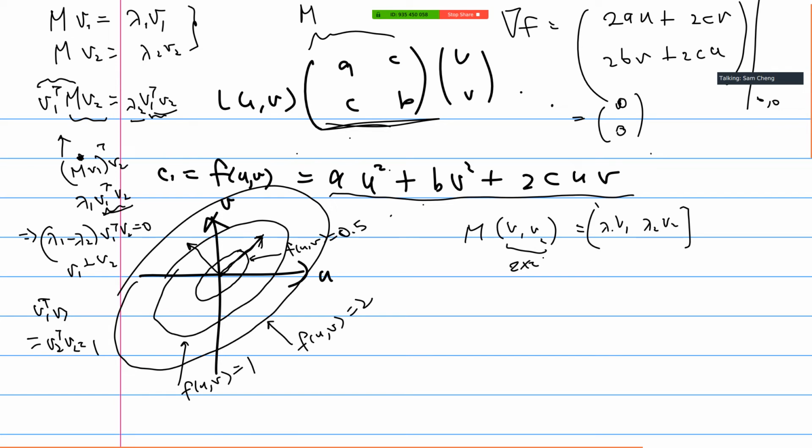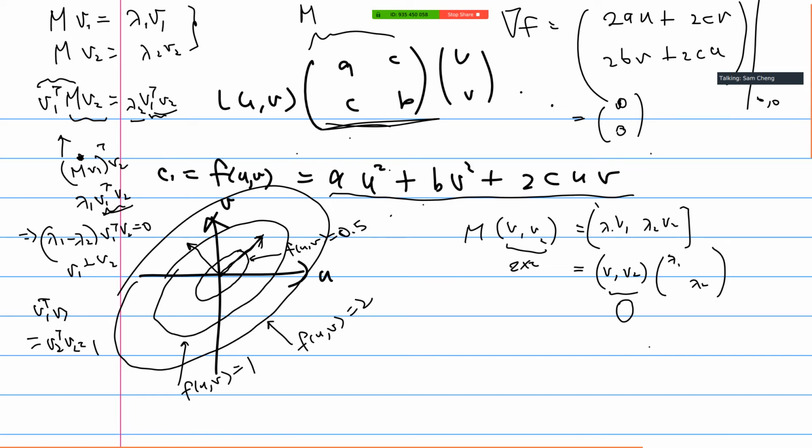And note the trick, I guess you may have seen it before, that [v1 v2] I can write as this, lambda 1 lambda 2. Then I can call this a matrix V here, or maybe I call it U. Do I use U somewhere? Or O. Anyway, O stands for orthogonal.